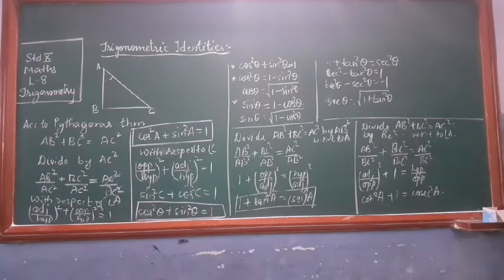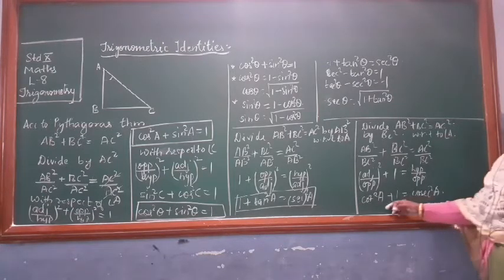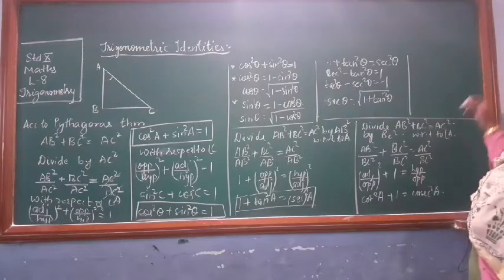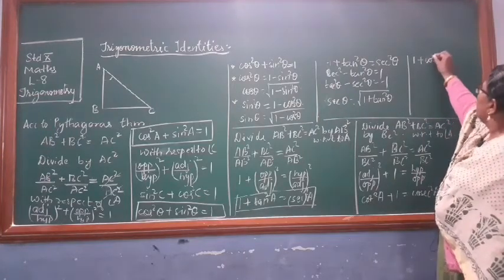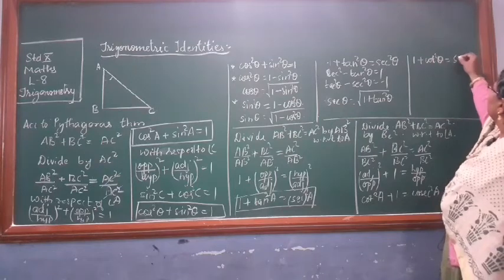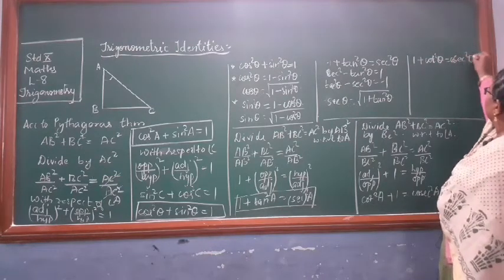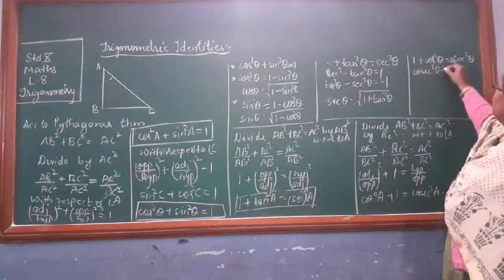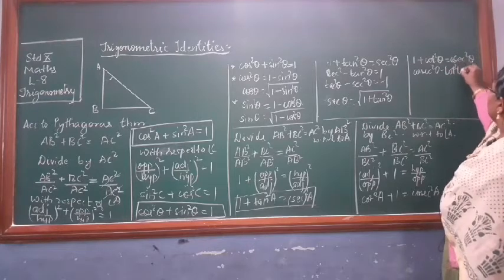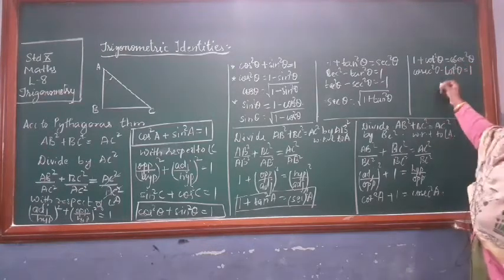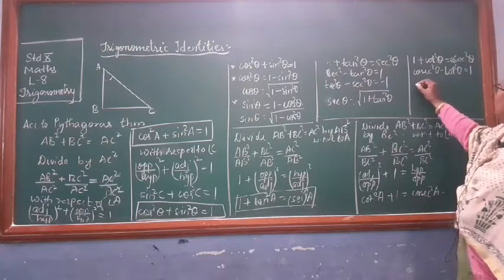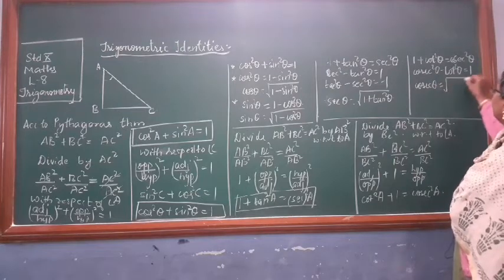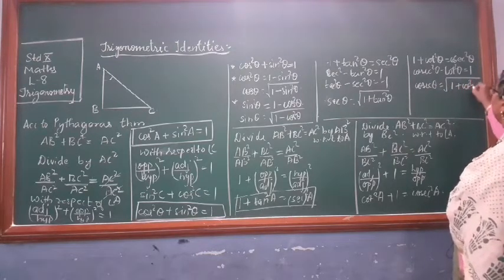Followed everyone? So this is how you will get the values. Again, in general way, we can represent this as 1 plus cot square theta will be equal to cosec square theta. That is, you have cosec square theta minus cot square theta will be equal to 1. Or you can have cosec theta will be equal to under root of 1 plus cot square theta.